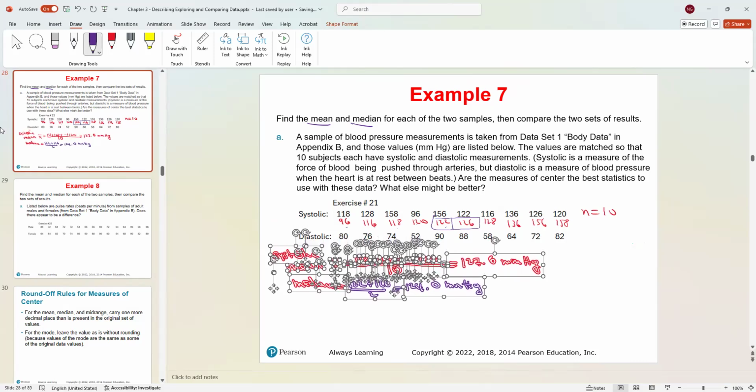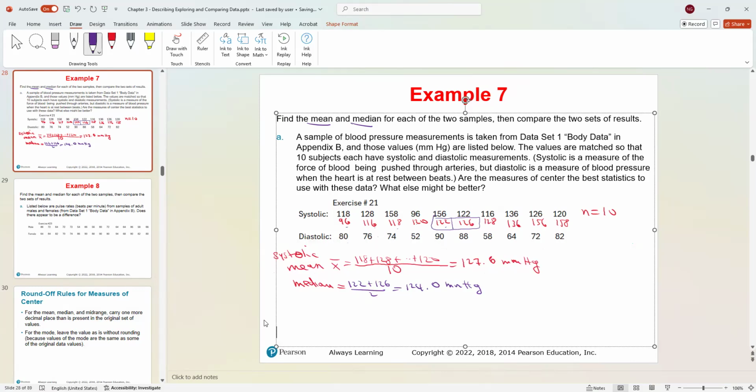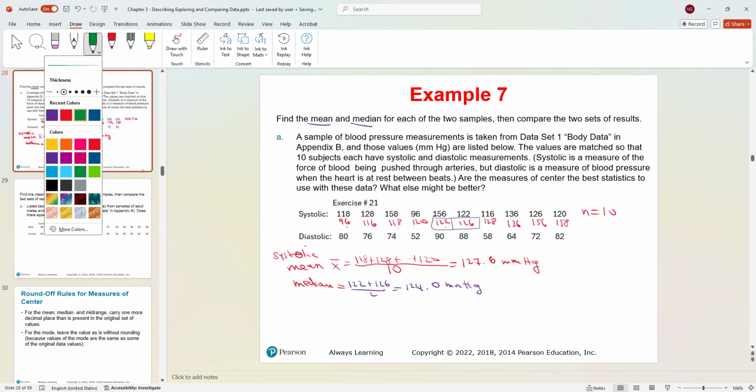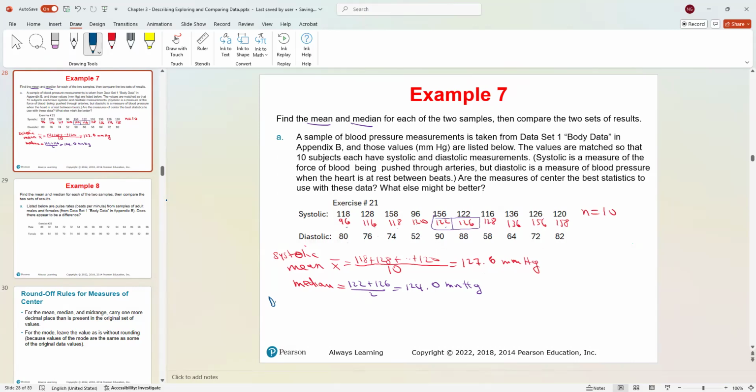How about we do it also for the diastolic? I'm going to just change the color. I'm going to take blue. So we're going to do diastolic. Again, for this one, the mean would be x bar, where we add 80 plus 76 plus 74 until we get to the last one, which is 82.